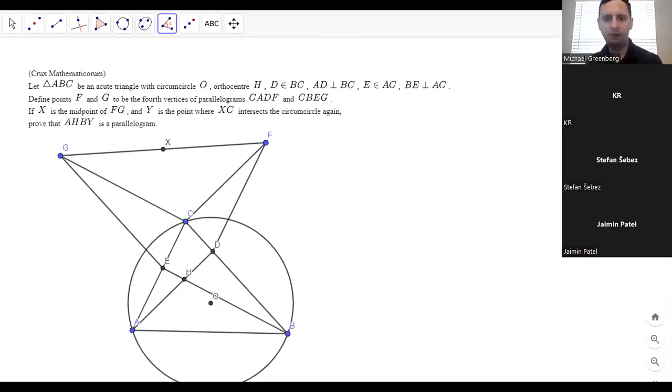CAD and CDF are congruent, so they have to be right angles. So we really just have to calculate angle XCF. Okay, so this is congruent to this is congruent to this. So CF over CG, these two are similar.